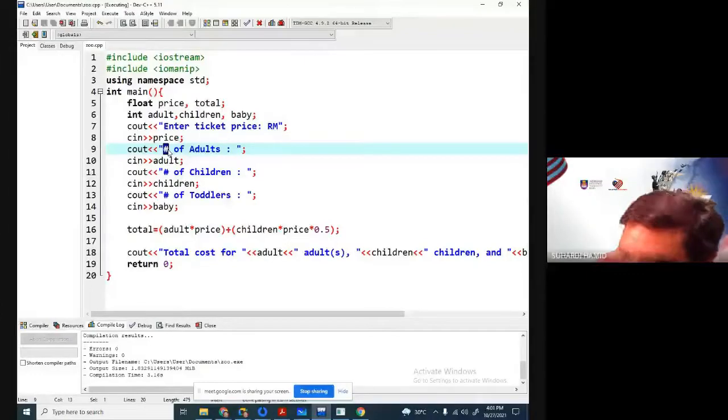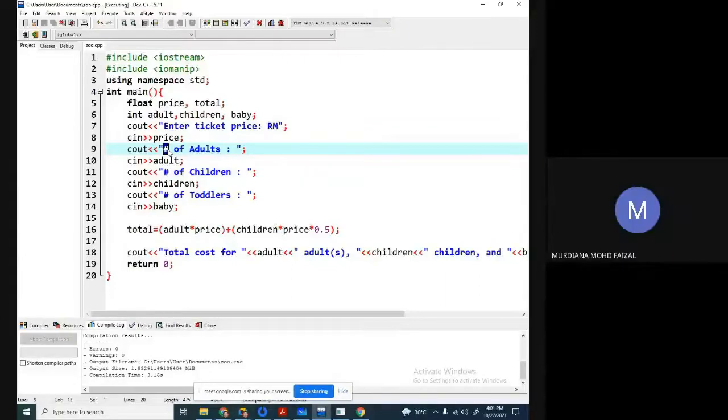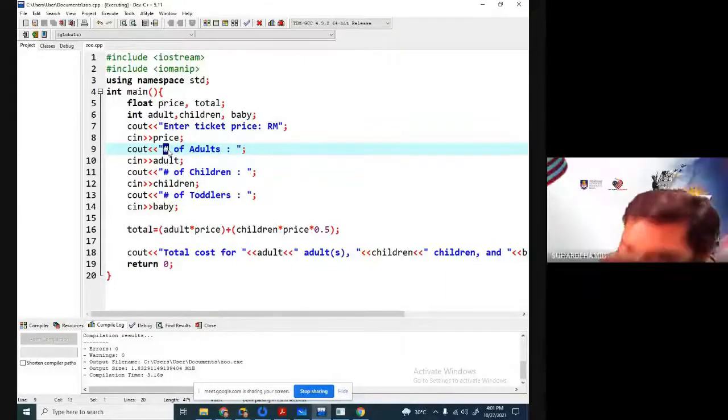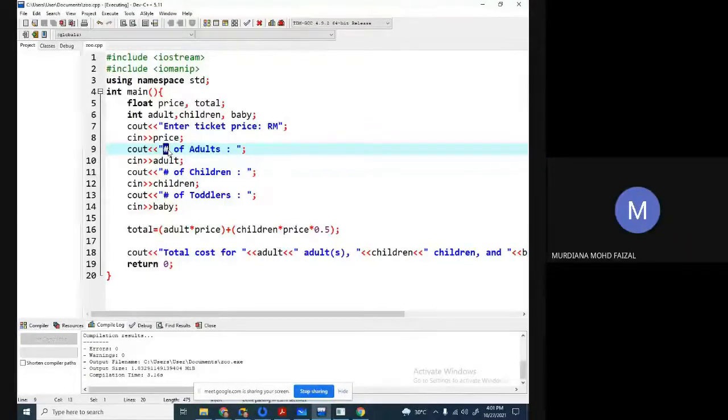When you come across hashtag, it means number. I can't be bothered to write number, so I put hashtag, but generally it translates to number. Any other question? Okay. Thank you, sir. Any other question?